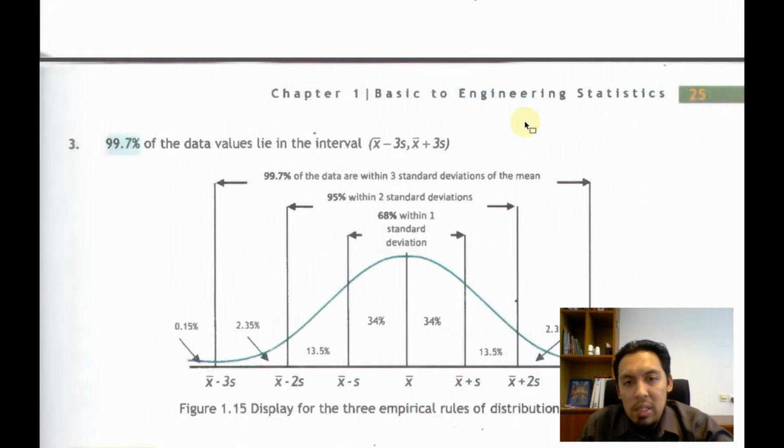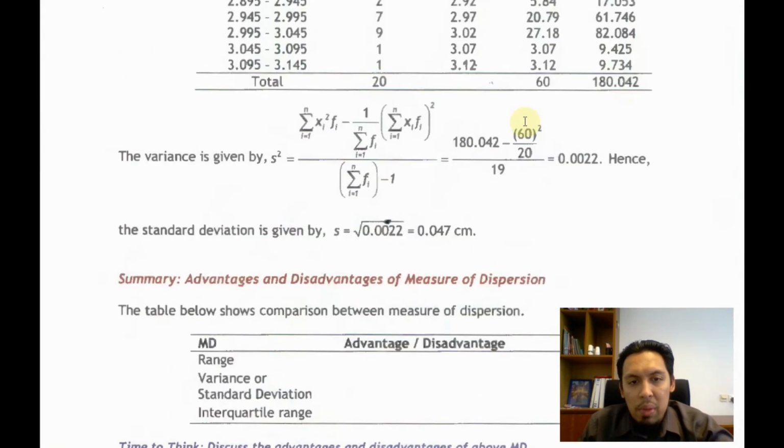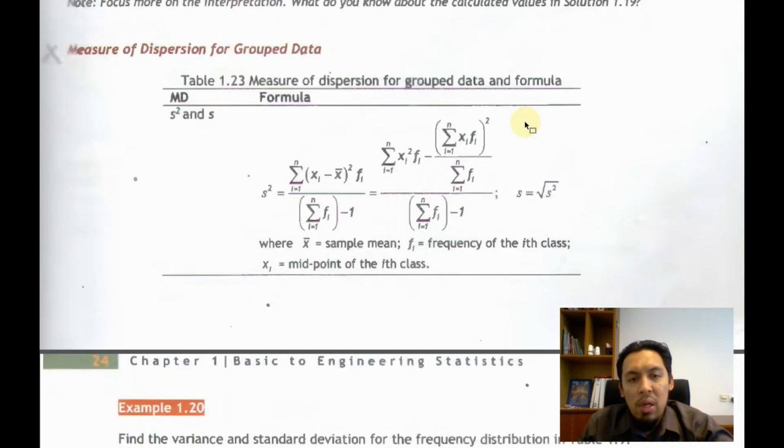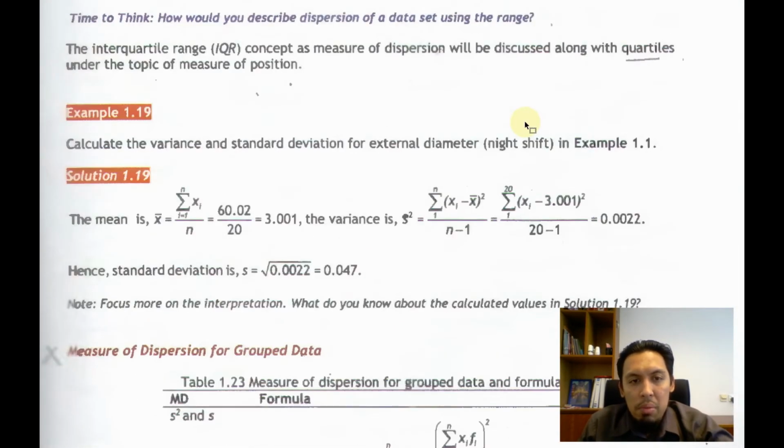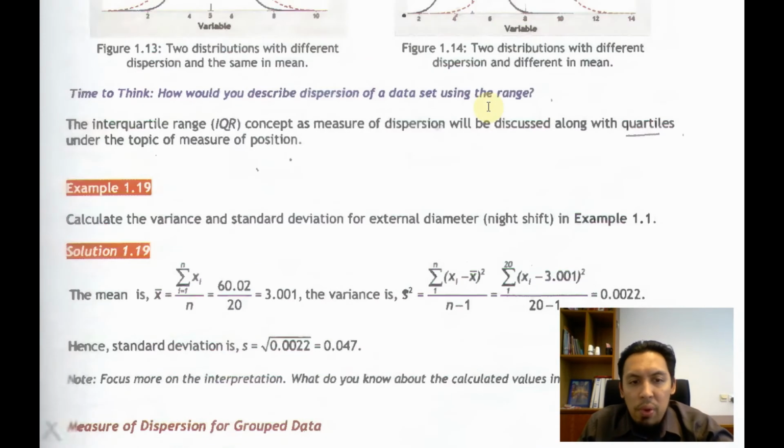Before we talk about this, let's discuss how to interpret measure of dispersion. So for this one, as you can see, they calculate the variance and standard deviation of external diameter, which is the first example that we used just before.